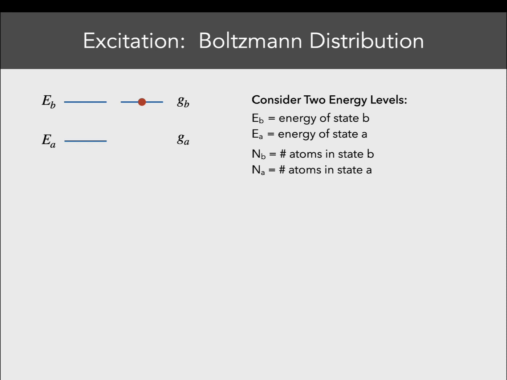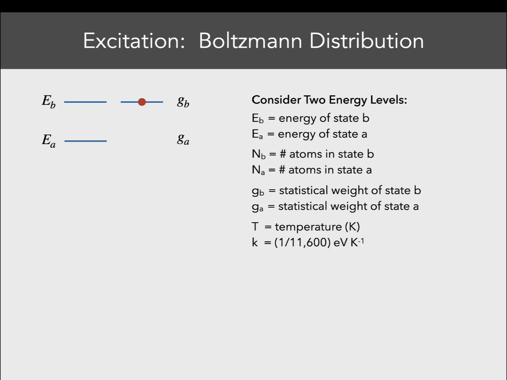We'll call NB the number of atoms in the upper state. NA will be the number in the lower state. And GA and GB are the statistical weights or the degeneracies of each of these levels. So GB will be the degeneracy of that higher state. GA will be the degeneracy or the statistical weight of the lower state.